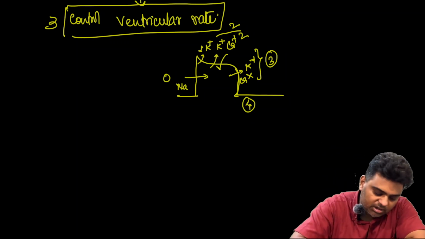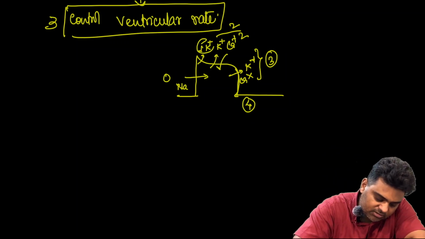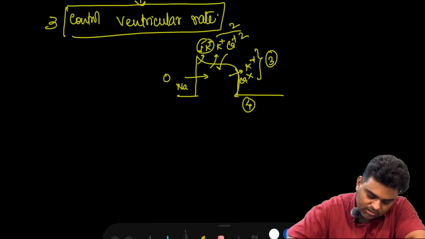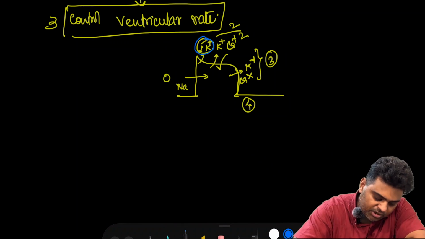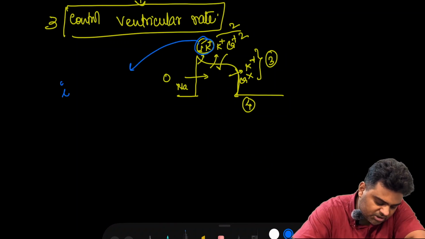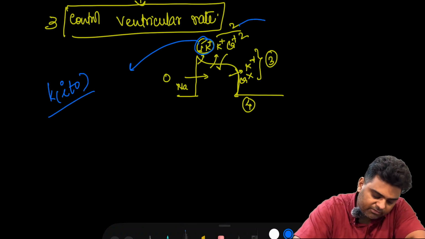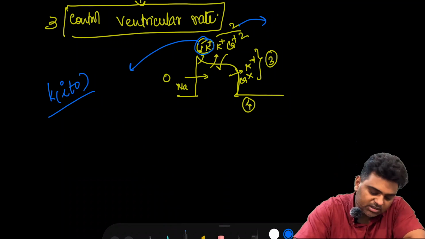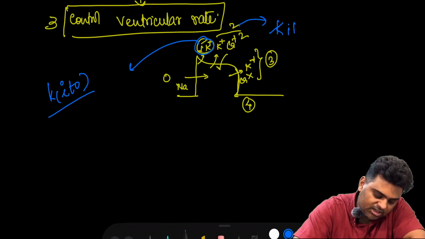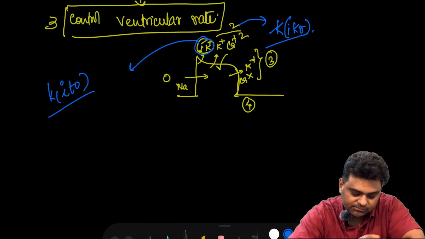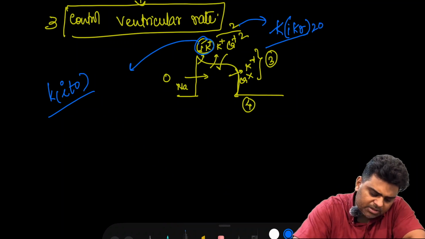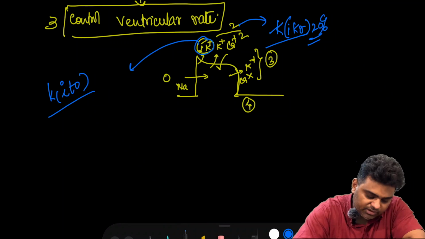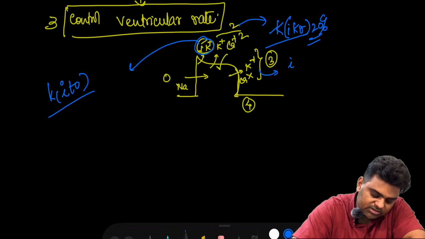Now please remember, in the first phase, the potassium channels which are opening are called Ito. Then in the second phase, the potassium channels which are opening are known as IKr. Only 20% of the IKr open in the second phase and the rest open in the third phase.